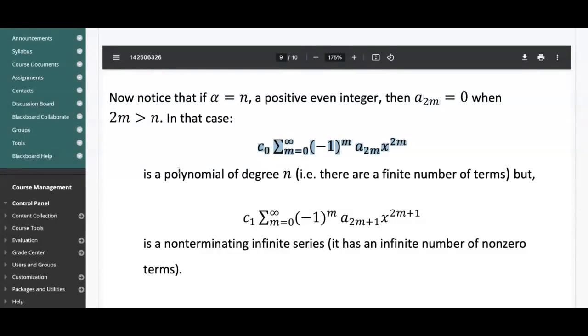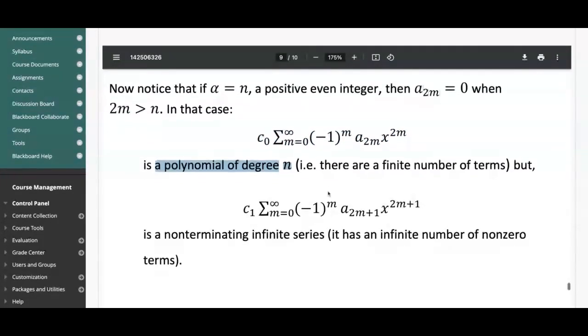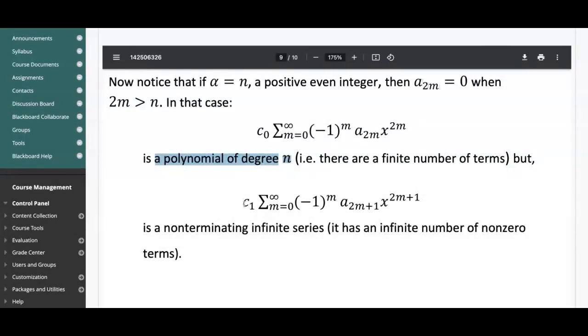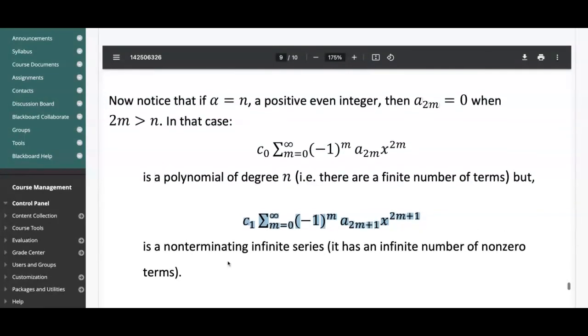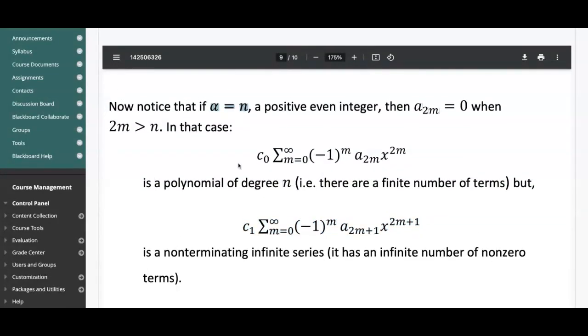So in that case, this is a polynomial of degree n. But this one will be a non-terminating infinite series. So that is for the special case where alpha is a positive even integer.